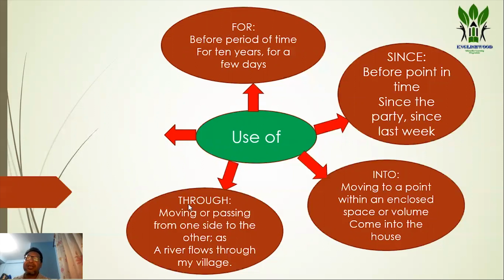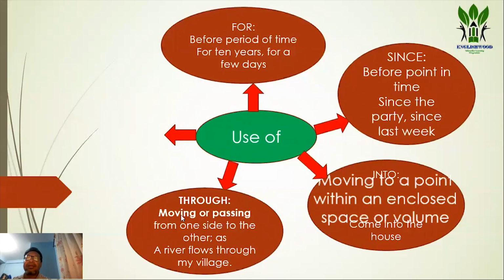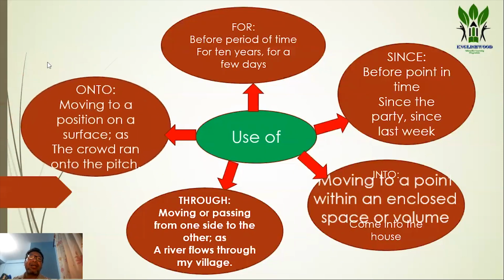Use of "through": moving or passing from one side to the other, as a river flows through my village. Then "onto": moving to a position on a surface, as the crowd ran onto the pitch.